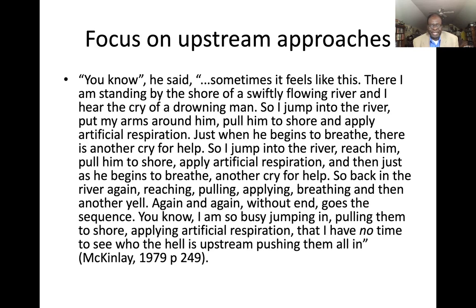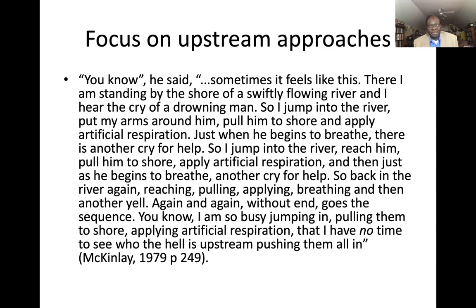Focus on upstream approach. He said, sometimes it feels like this. There I'm standing by the shore of a swiftly flowing river, and I hear the cry of a drowning man.